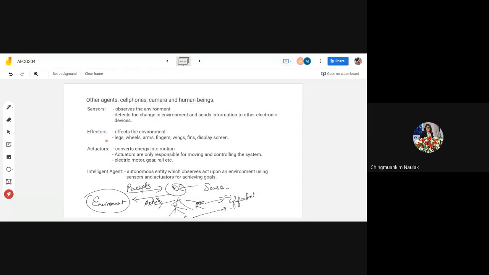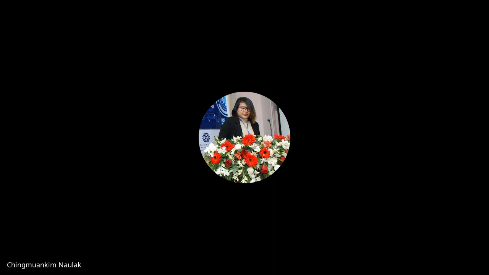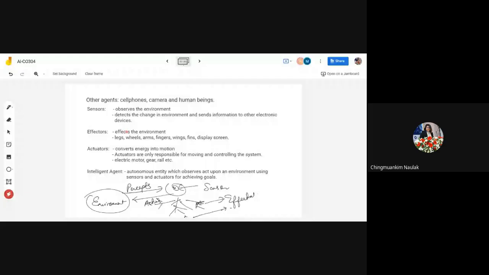Now let us look at these different terms which you are seeing in this subject. You see sensors. What is a sensor? A sensor is a device which detects the change in the environment, and it sends information to other electronic devices. Effectors are devices which affect the environment.